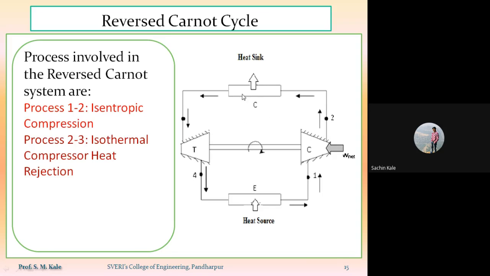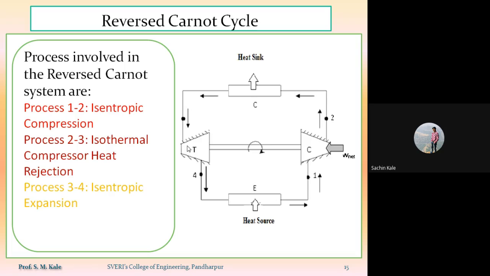Then outlet of this second compressor will be provided to the expander or turbine, whereas the 3 to 4 process will occur inside the turbine, also called the expander. That 3 to 4 process is nothing but isentropic expansion process.